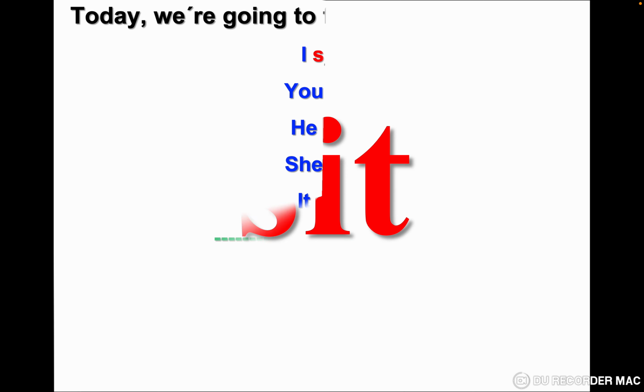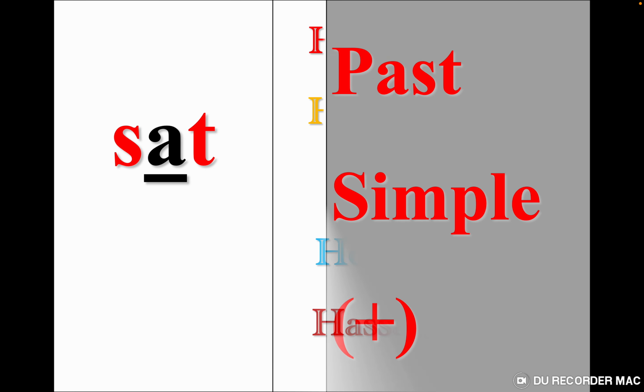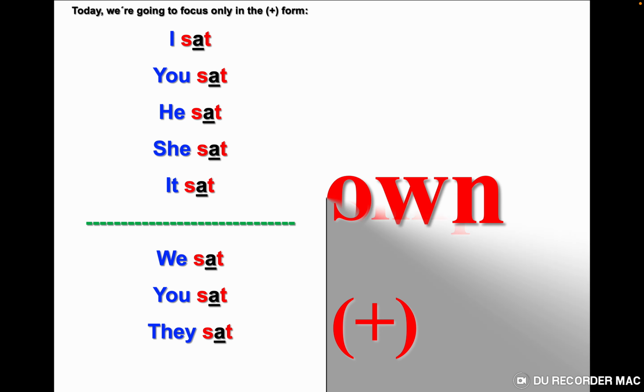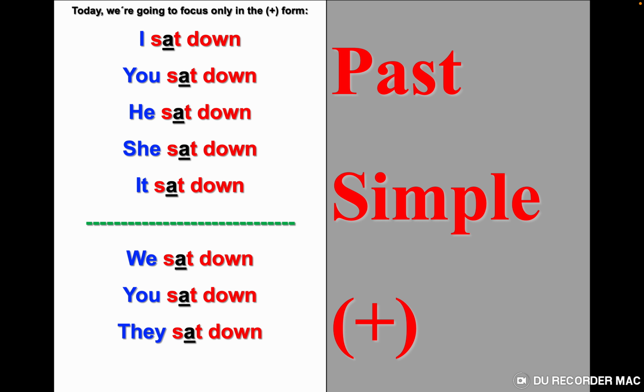Let's continue. Sit, the past sat. So we saw this example. Let's go to the next example. Sit down. We are going to change just sit to sat. Sat down. I sat down. You sat down. He sat down. She sat down. It sat down.